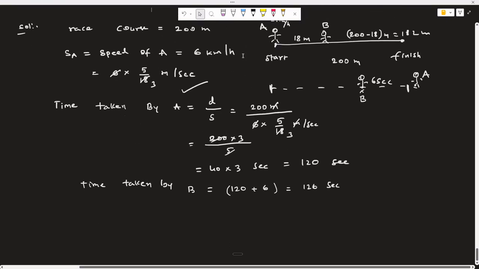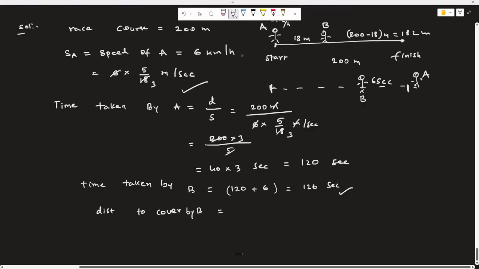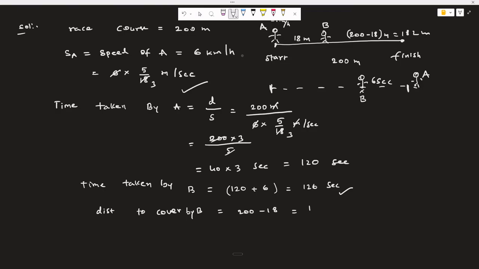The time is 126 seconds taken by B, and the distance to cover by B is 200 minus 18 meters, that means 182 meters.